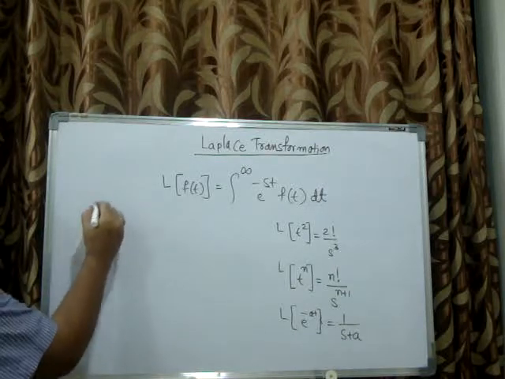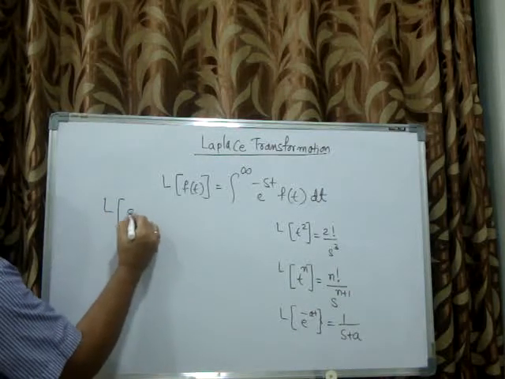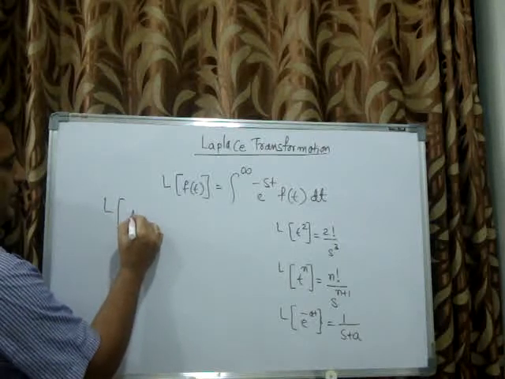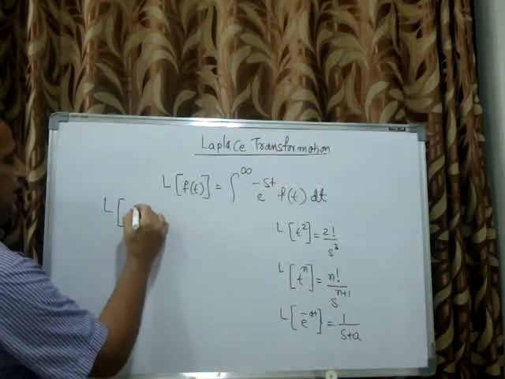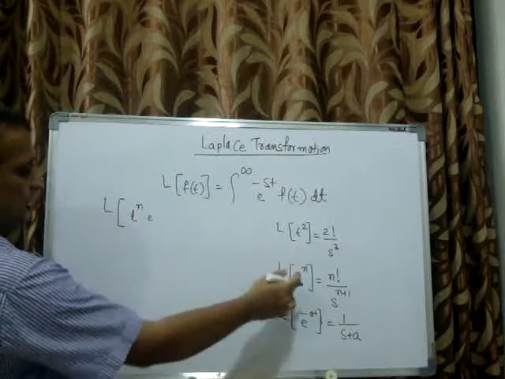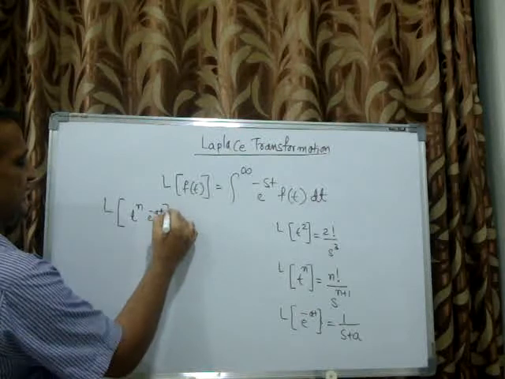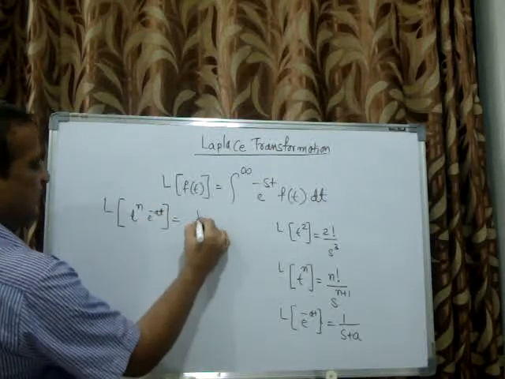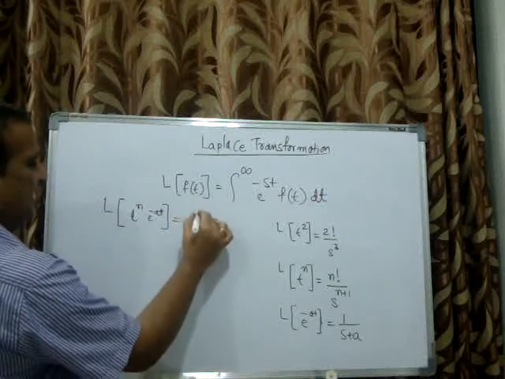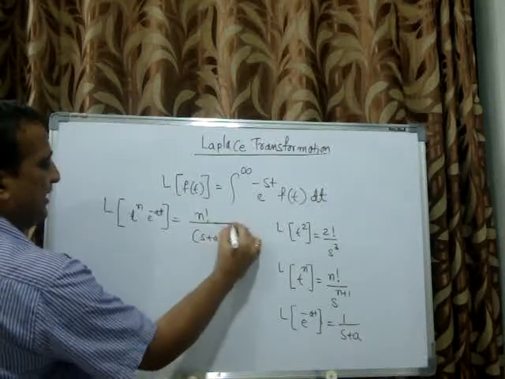Now Laplace of sine of, before that I will go for Laplace of t raised to n combined with e raised to minus at. So Laplace of e raised to minus at is s plus a, and t raised to n is n factorial divided by s raised to n plus 1.